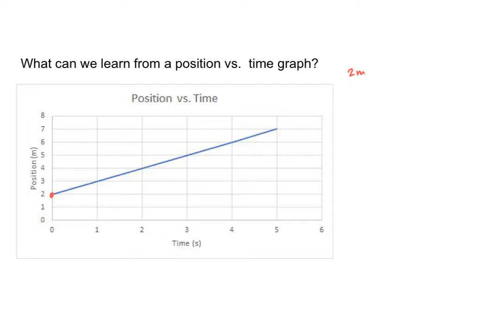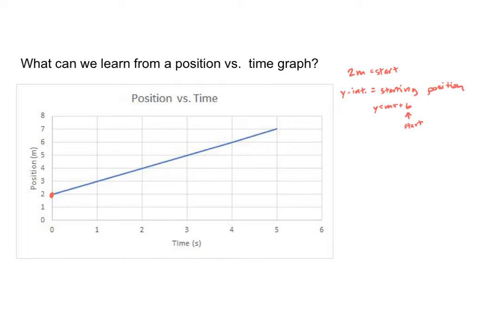I'm going to just call that start. And so the one thing that we can learn there is that your y-intercept is your starting position. So if you see an equation for a line in the form y equals mx plus b, that b is your start.